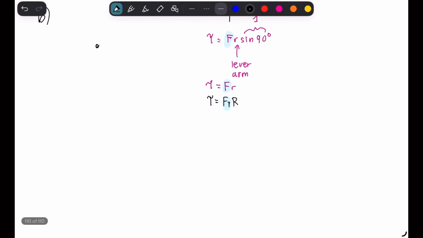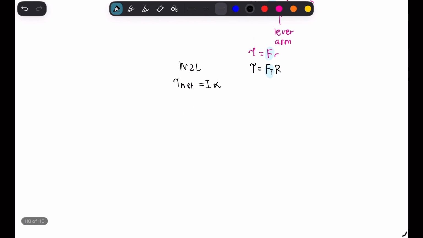Now, after this, we can use Newton's second law in rotations, which is torque net is equal to our moment of inertia times alpha. So if we have that our torque net is I times alpha, we can set it equal to our torque. Our net torque is going to be our force of tension, which we can just call tension here.